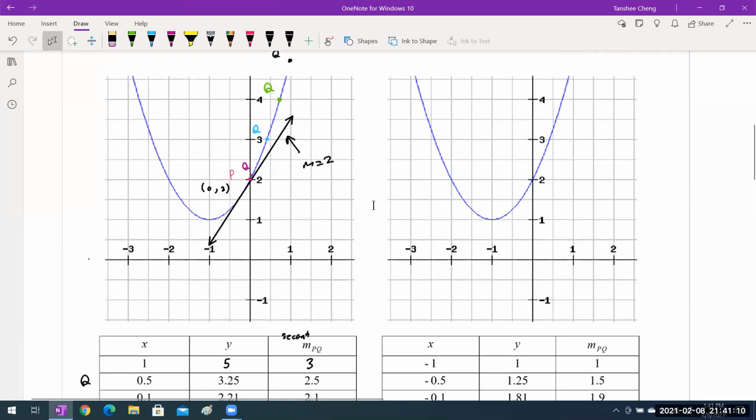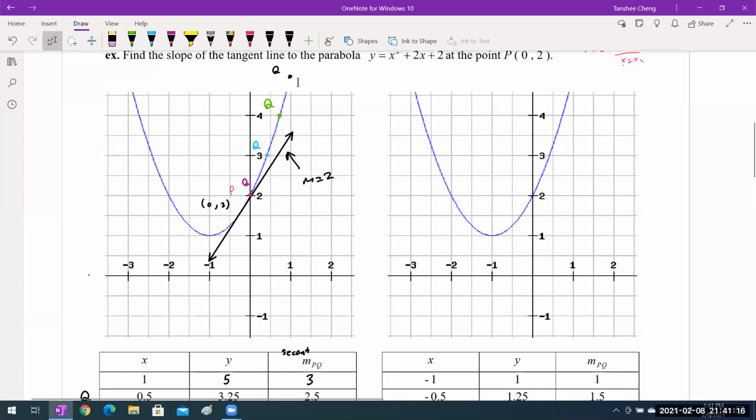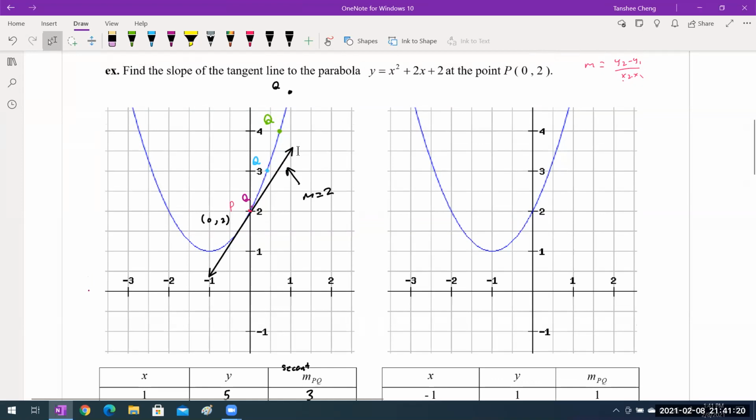Now, notice that for this first diagram, I'm using my point Q to get closer and closer to point P from the right side. And the prediction that I got for the slope of the tangent line is 2. Would that be the same if I approach point P with Q from the left-hand side?